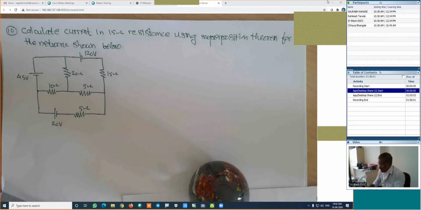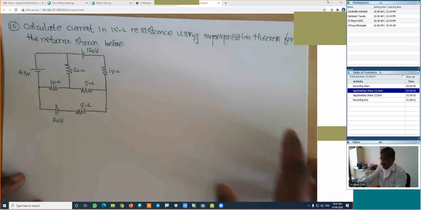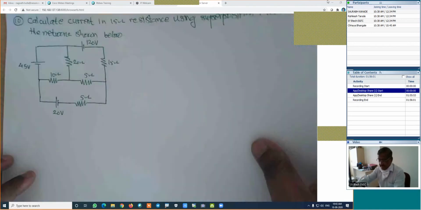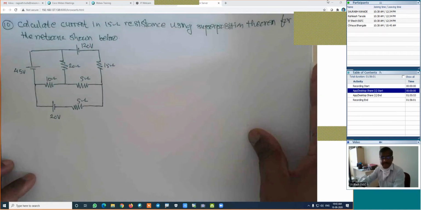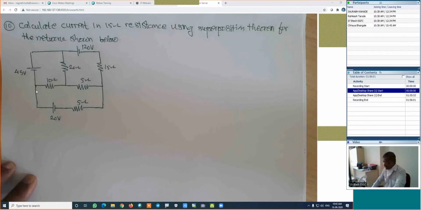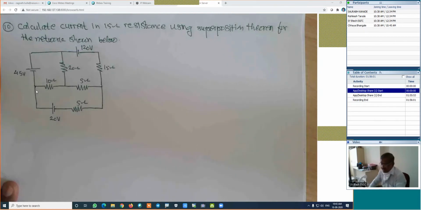But the method which we will discuss today has some limitations. It is applicable only to circuits which consist of only voltage sources. If there is a current source, we cannot use that particular technique.